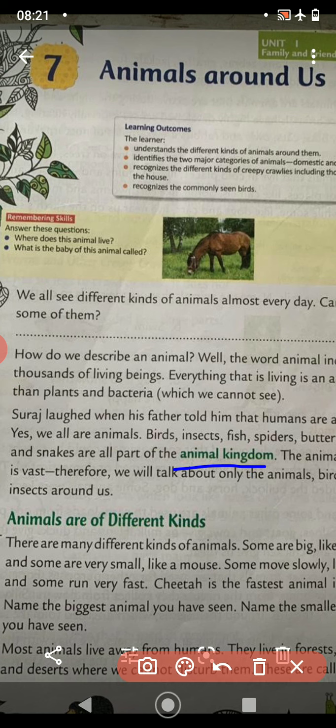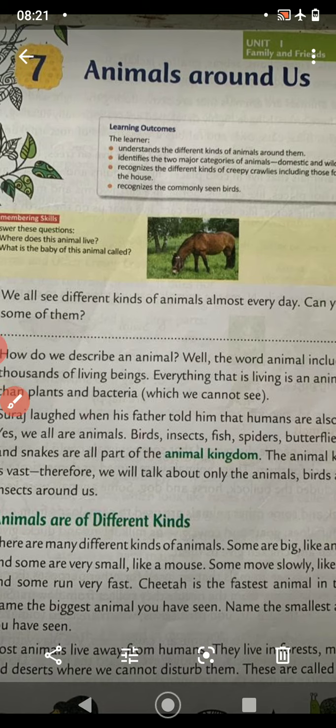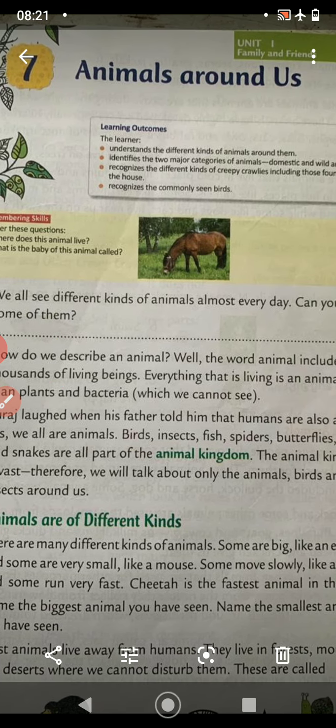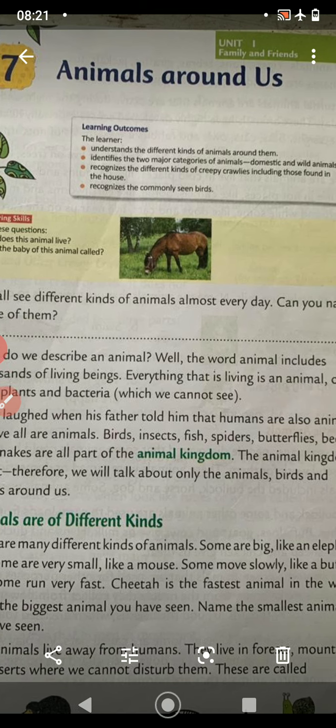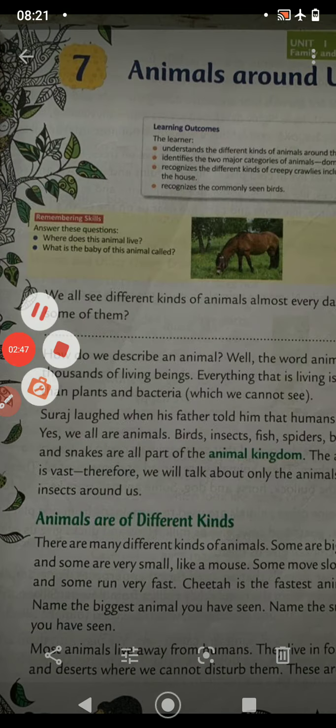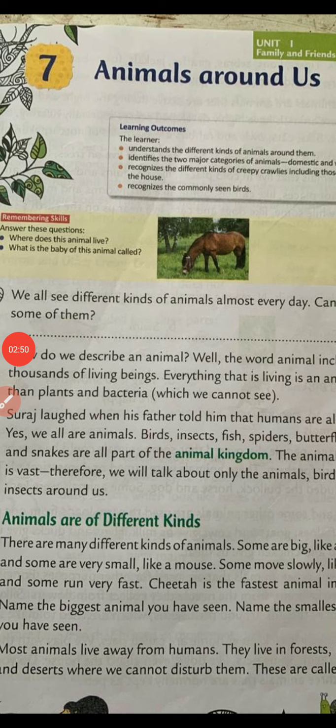The animal kingdom is vast. Therefore, we will talk about only the animals, birds and insects around us.